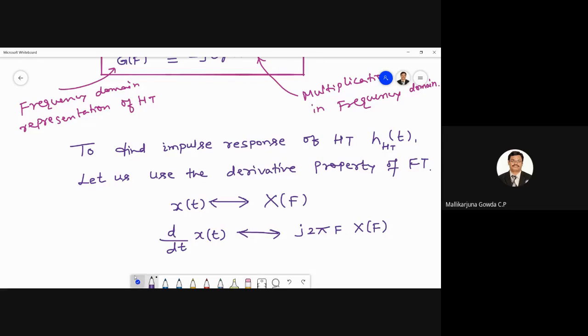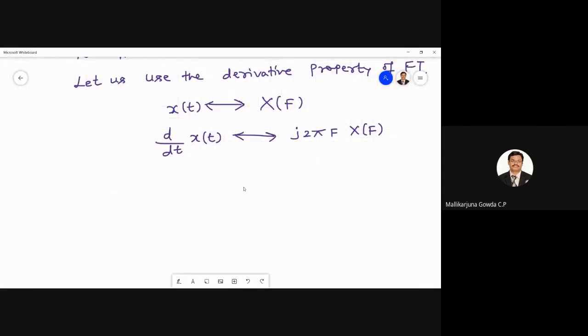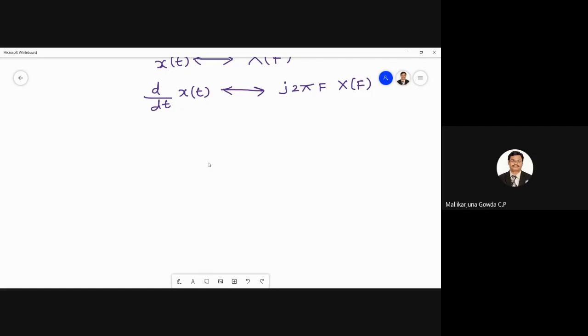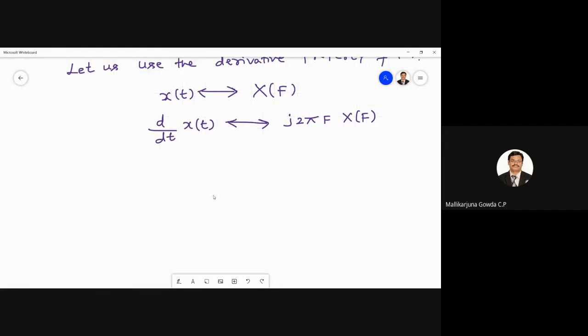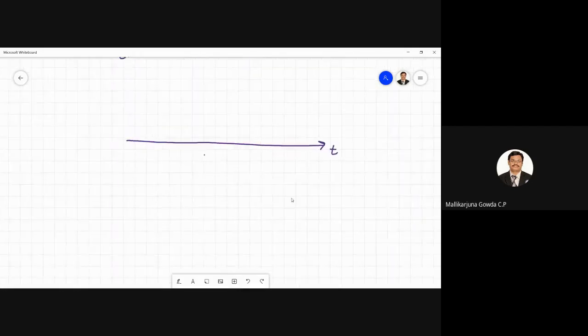So now, the signum function, how did I write the signum function? I write it in the time domain.